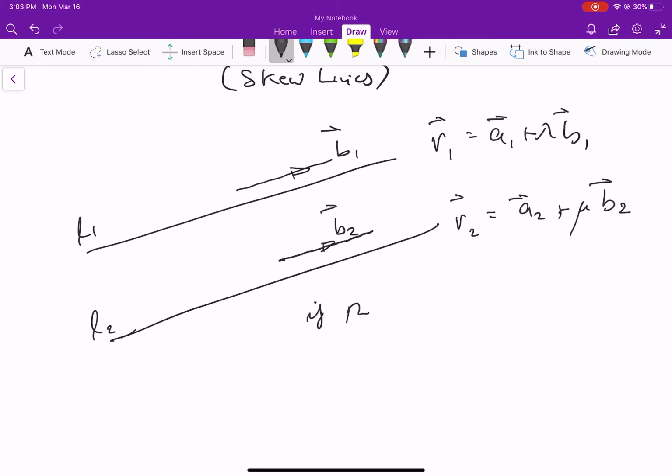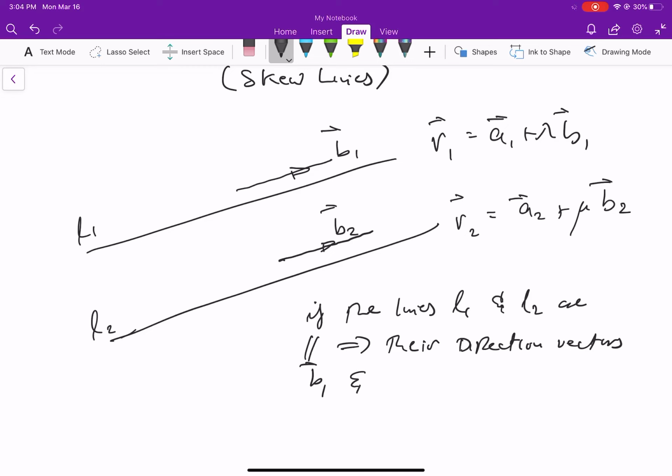If the lines L1 and L2 are parallel, it implies that their direction vectors B1 and B2 are parallel, which implies that B1 can be written as some constant, let's say just K times B2.